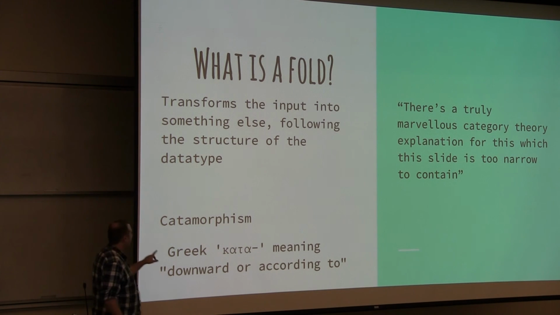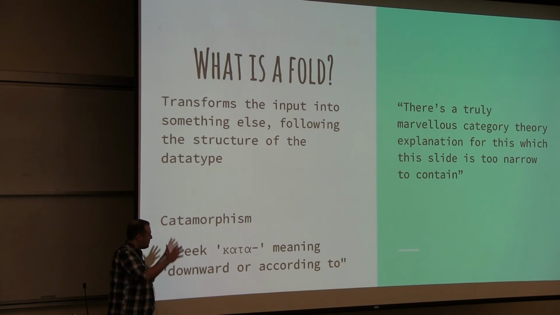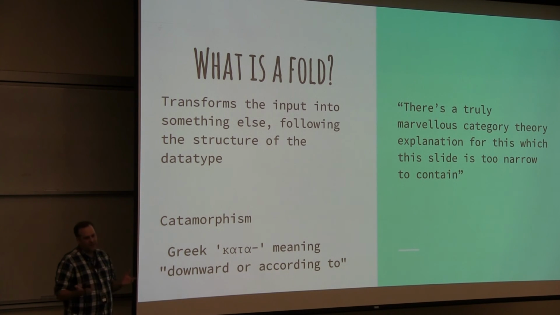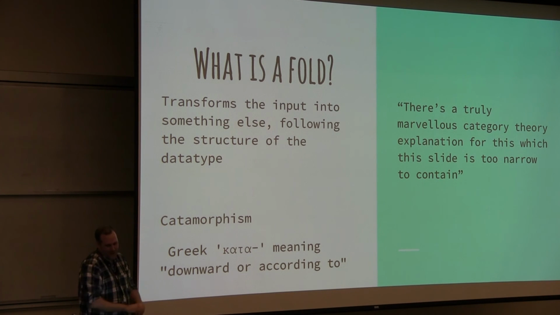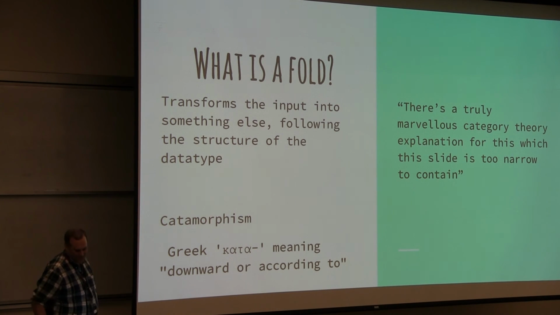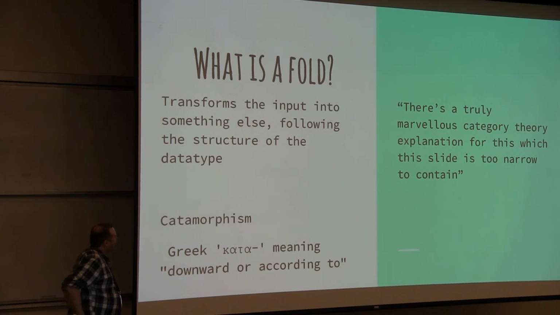It comes from the word kata, which means downward, or according to, because it follows the structure. But some people also say, think of a catastrophe that collapses everything into one. This is kind of a joke, but I say there is a truly marvelous category theory explanation for this, which this slide is too narrow to contain.